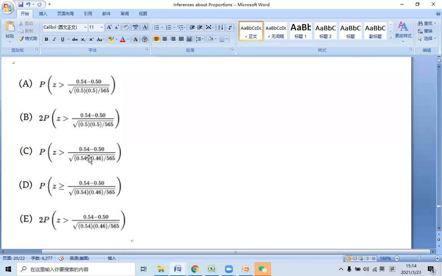Let's see, anything wrong with C? Yeah, C is wrong because of this part.